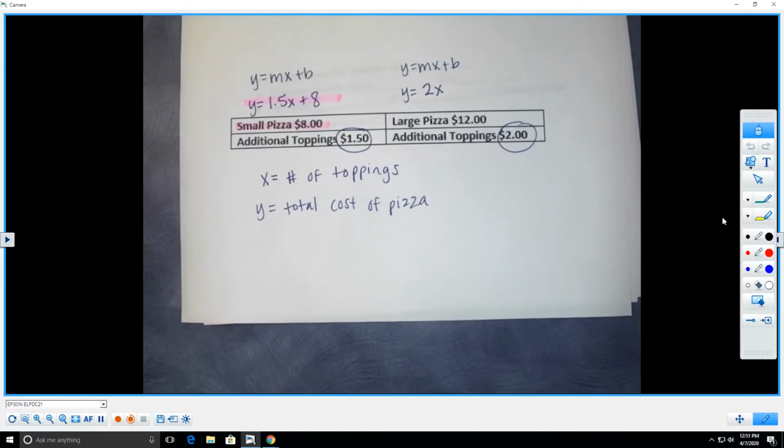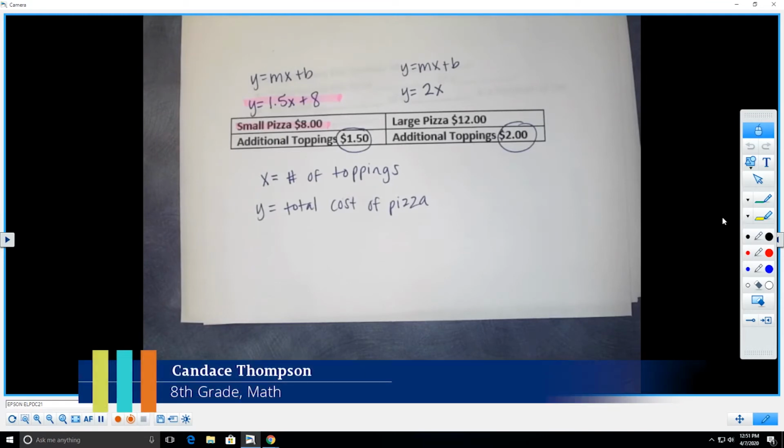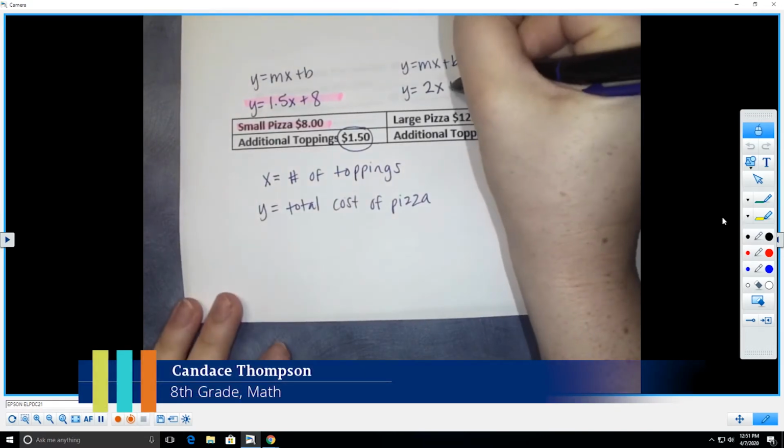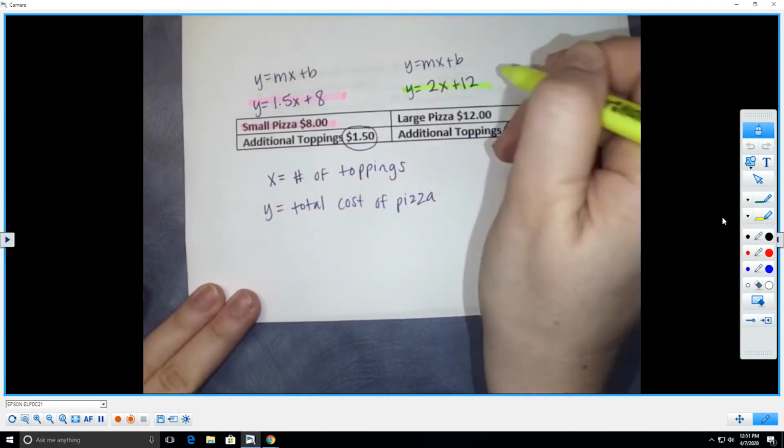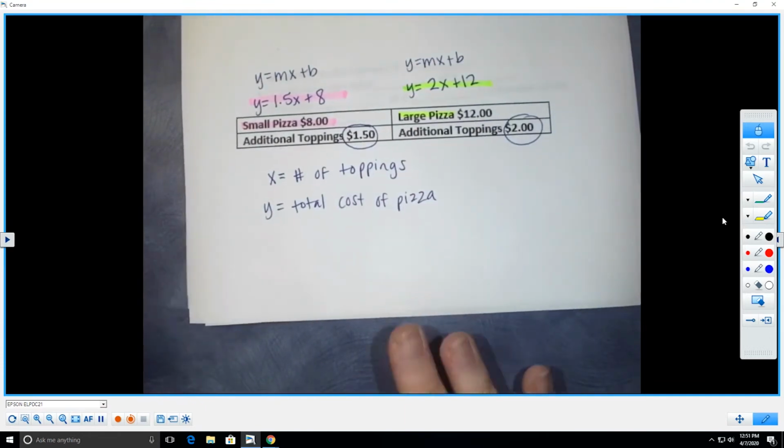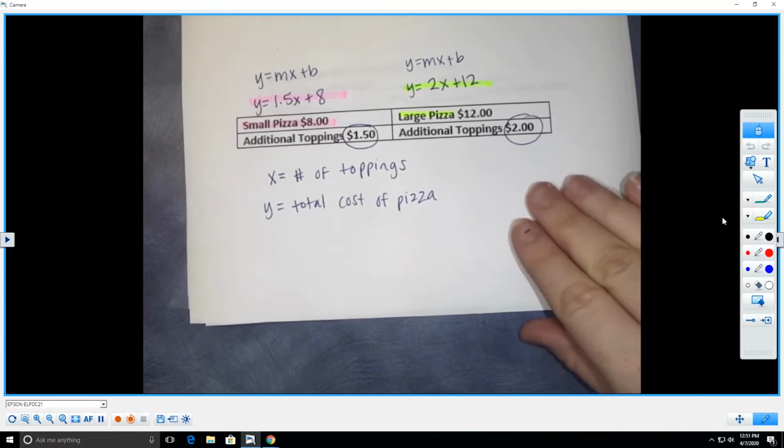And then how much is a large pizza before any toppings go on it, when the toppings are 0? $12. Good. So this equation in yellow represents the cost of a large pizza. That's going to be the equation we use. Okay, now let's look at a graphical model of these two equations.